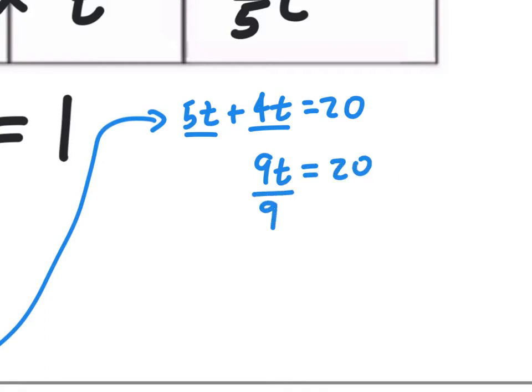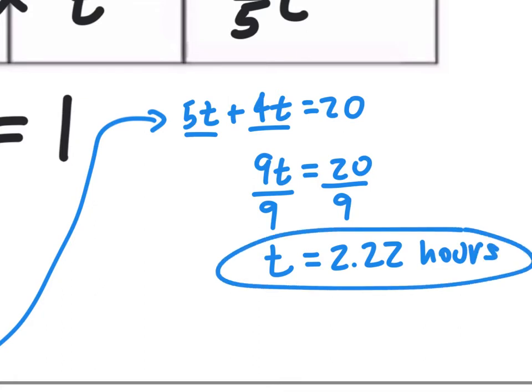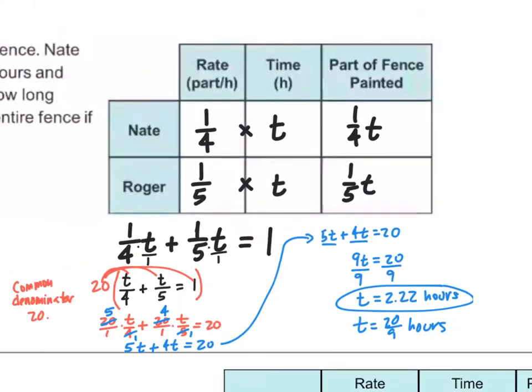If I divide both sides by 9, 20 divided by 9 gives me 2.2 repeating. So my time frame is 2.22 hours, basically, if we rounded. You could even say that the time it takes was 20/9 hours, same thing. But that's just an equation we can set up to solve for t.